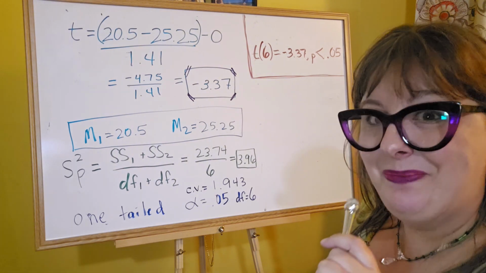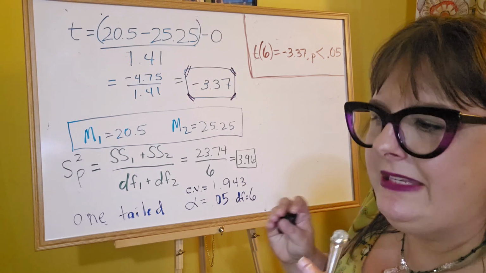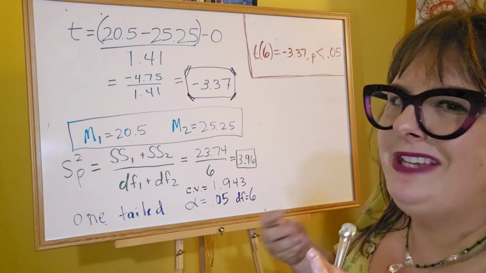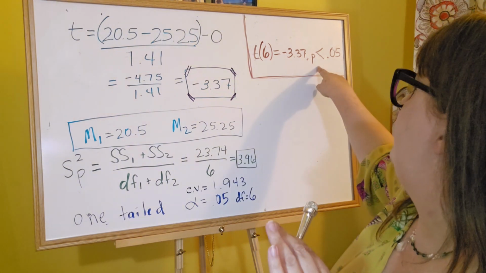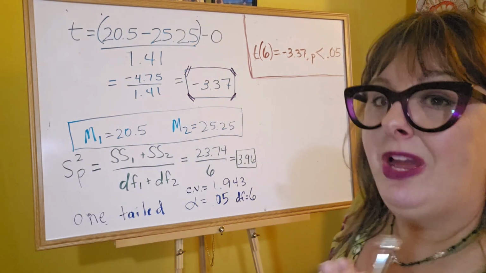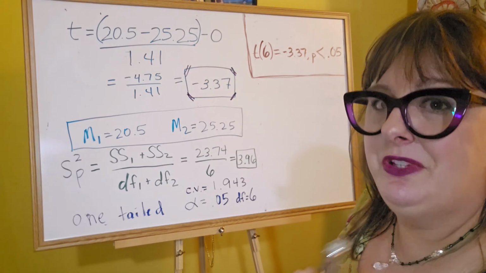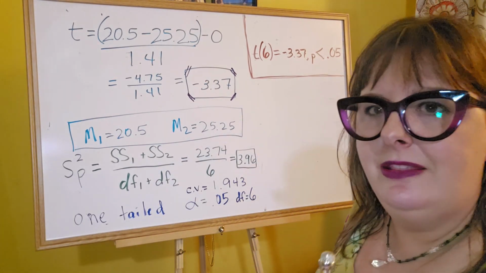Is that a good thing? Yes. We are often very happy. It depends on what idea you're specifically testing, but most of the time we are setting up our study so that we want to find that P is less than 0.05. That means you have a statistically significant result. That means that this result is unlikely.